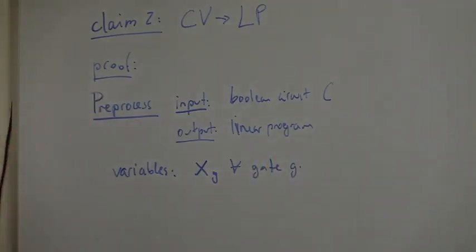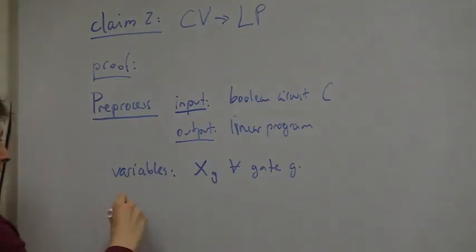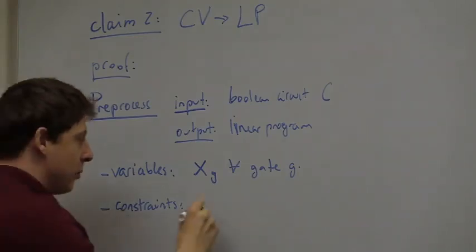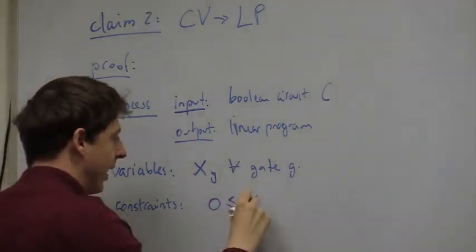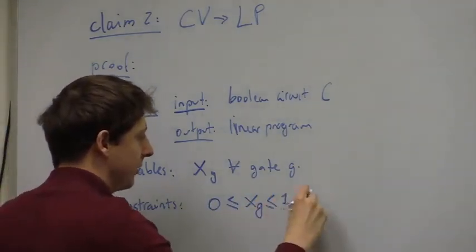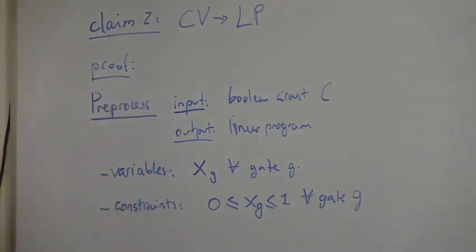There is some number of gates in the Boolean circuit, and for each such gate, we introduce a variable. Now, for the constraints, the first thing we're going to do is put a linear constraint on every gate saying that its variable is between 0 and 1. That's a linear constraint. I can write it down. That's okay.